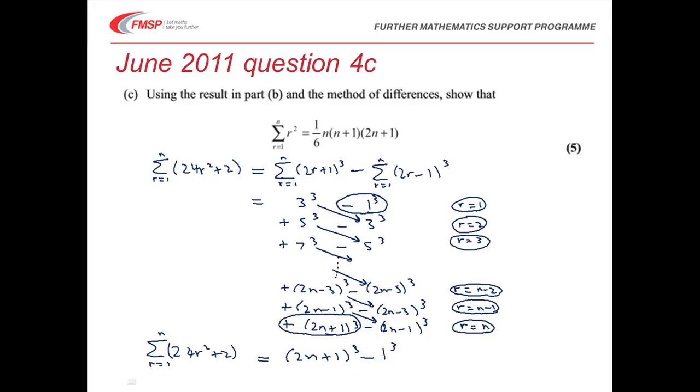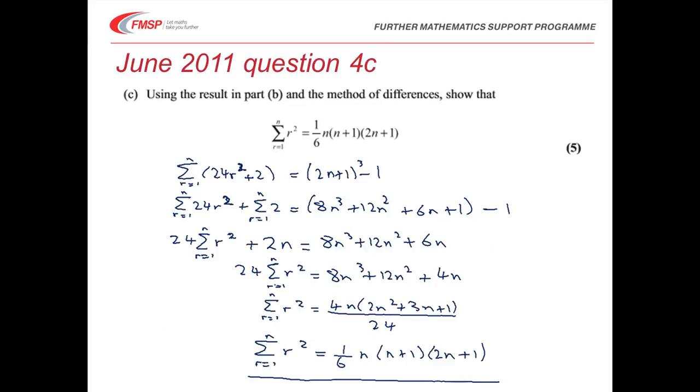The mark scheme for this part of the question awards a method mark for clear use of the method of differences and an accuracy mark for correctly identifying the remaining terms after the diagonal cancelling.